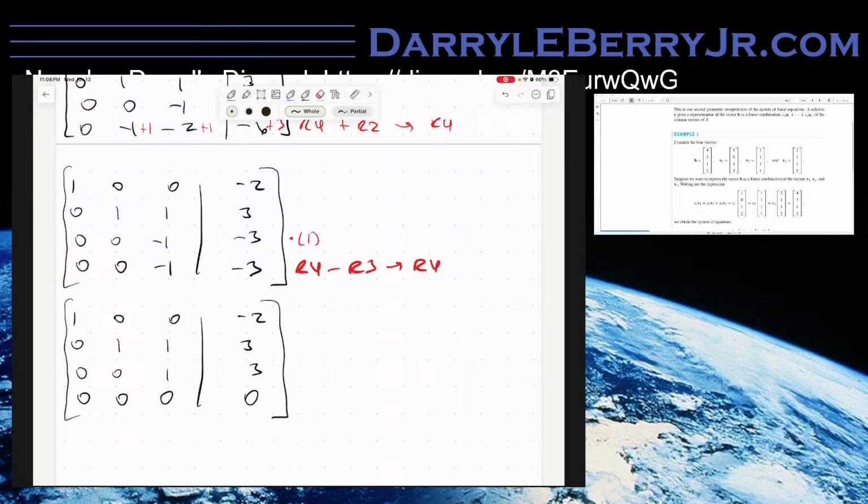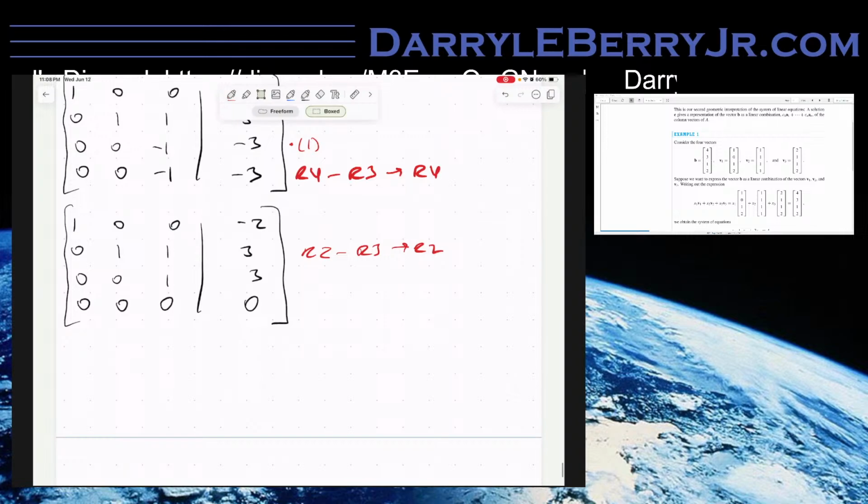Now, one other thing I can do, I can actually subtract row 3, or the proper notation, row 2 minus row 3 into row 2, and give me my last thing.